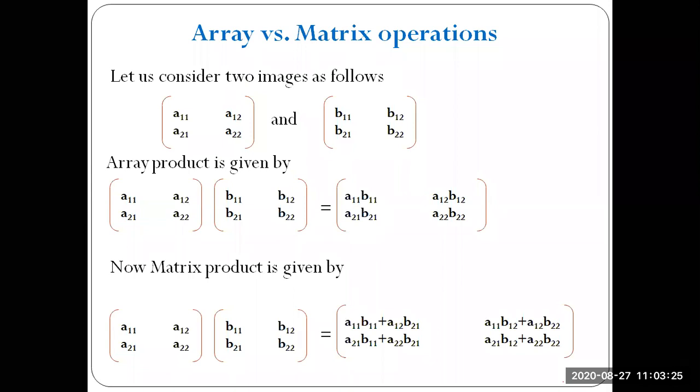In array multiplication, we simply multiply element by element and get new pixel values. In matrix multiplication, rows are multiplied with columns, and you get different new pixel values, pixel 1, pixel 2, pixel 3, pixel 4. So the array product and the matrix product give different images. This is the simple array and matrix operations on an image.